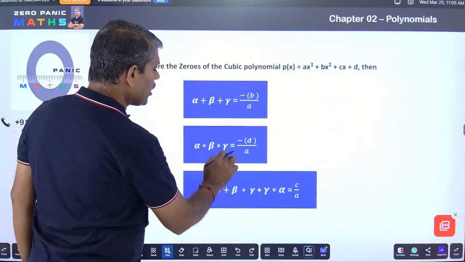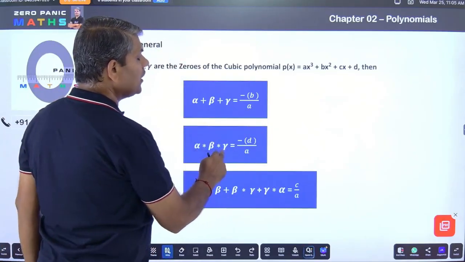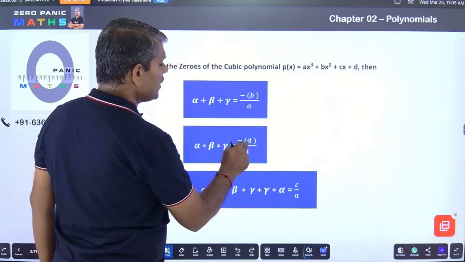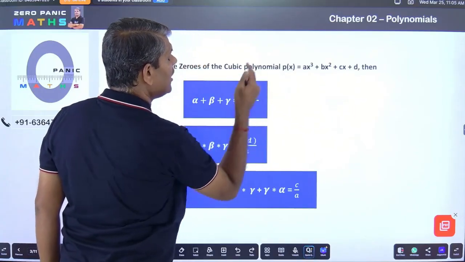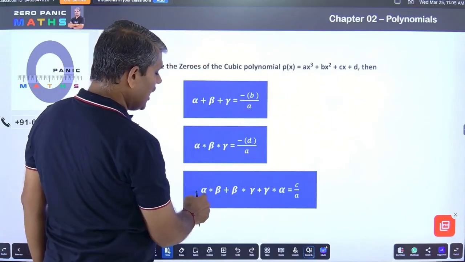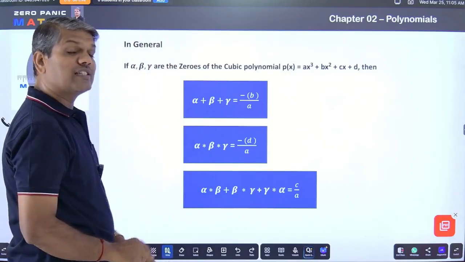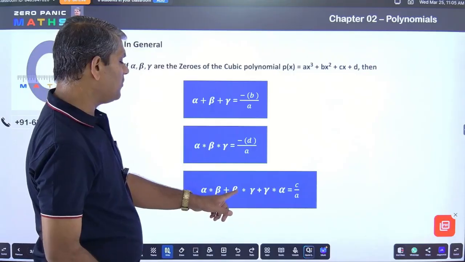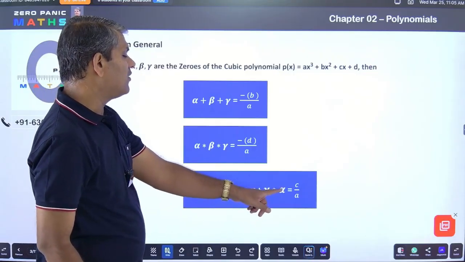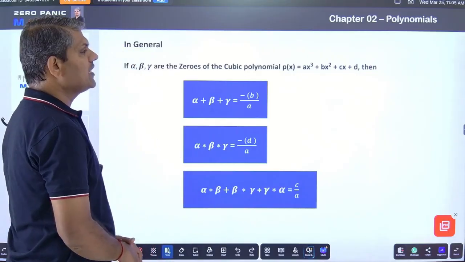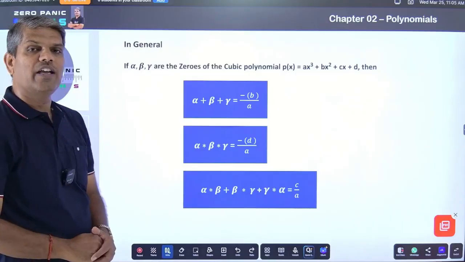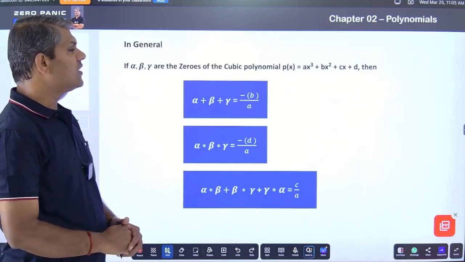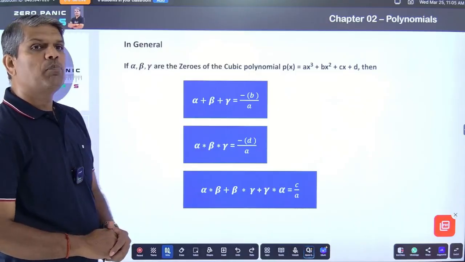The product of the three zeros is minus d by a, which is minus of the constant term divided by the coefficient of x cube. The sum of the products alpha beta plus beta gamma plus gamma alpha is always equal to c by a, that is, the coefficient of x divided by the coefficient of x cube. Now this is about the cubic polynomial.